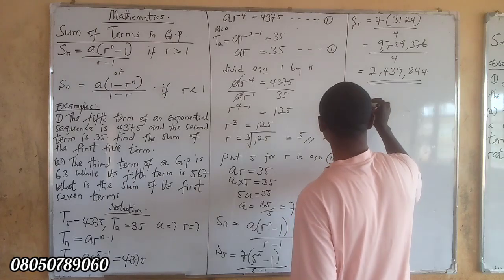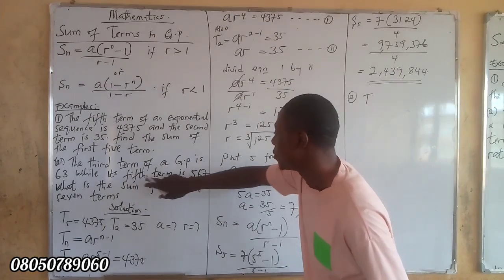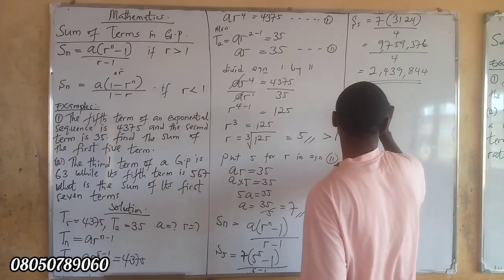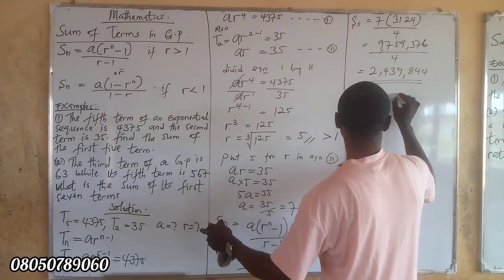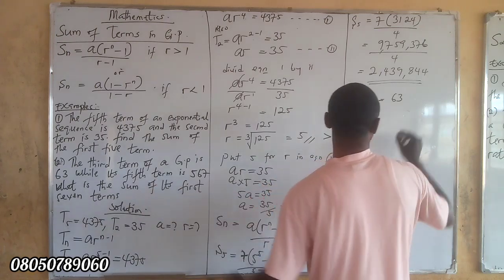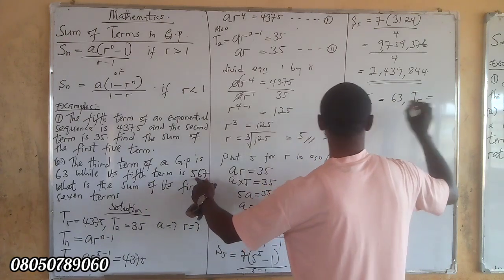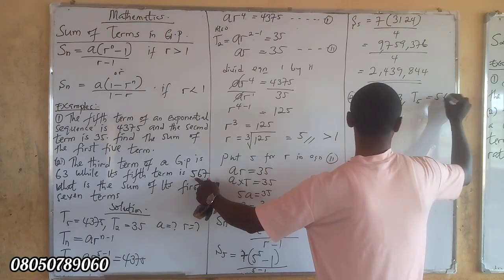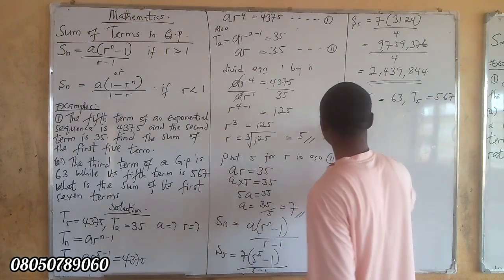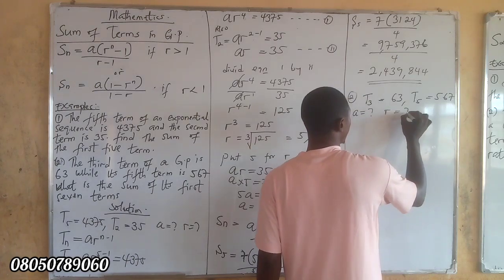From that question, we have our t₃, the third term, given to be 63, while the fifth term t₅ is given to be 567. Before then we are going to find our a, and we are going to find our r.